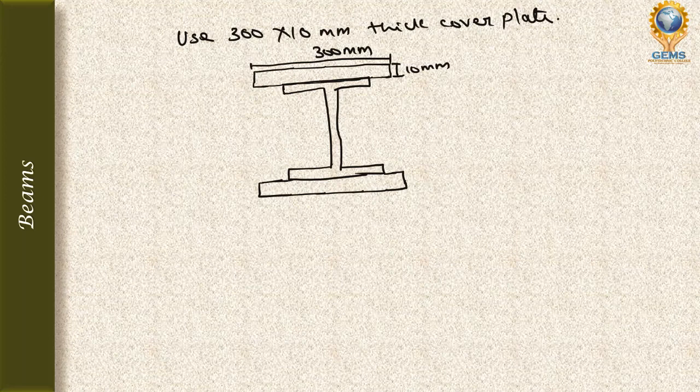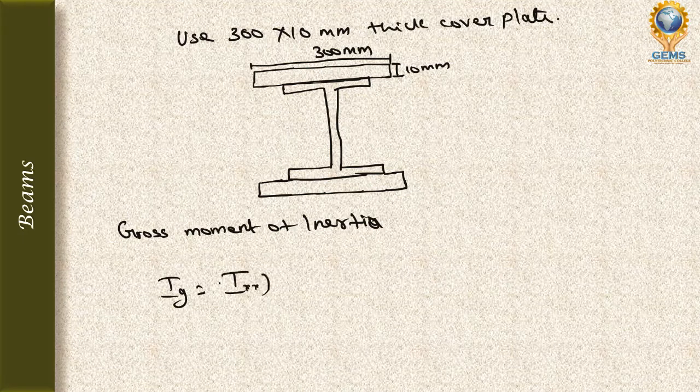So we have to find the gross moment of inertia. That means the gross moment of inertia Ig is equal to Ixx of the I beam plus Ixx of plate.